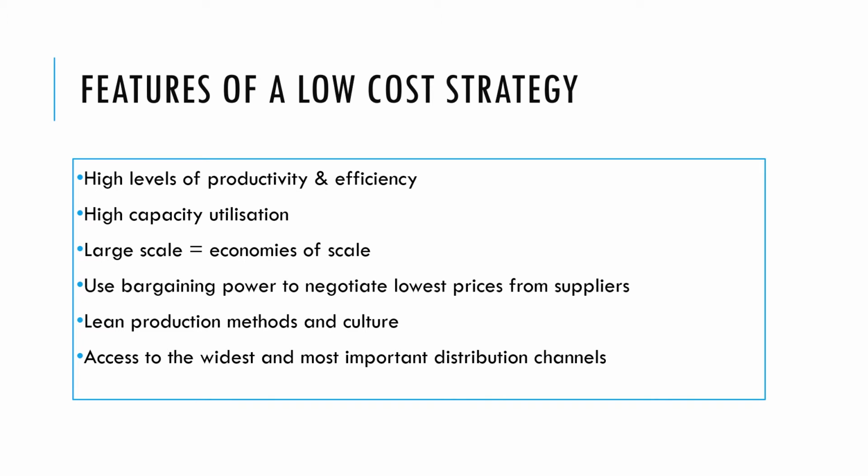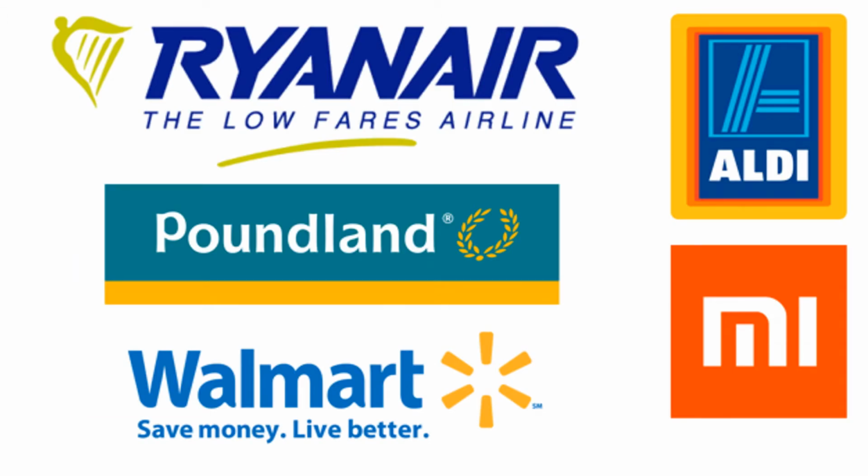All of these are ways in which we can minimize our unit costs. These might be examples of businesses that have a low cost strategy for a broad market: Aldi, Ryanair, Walmart.